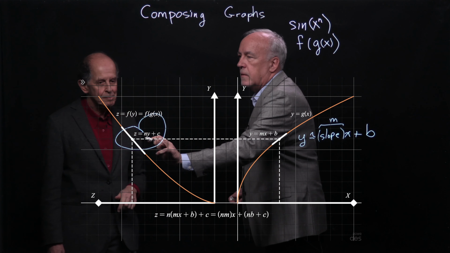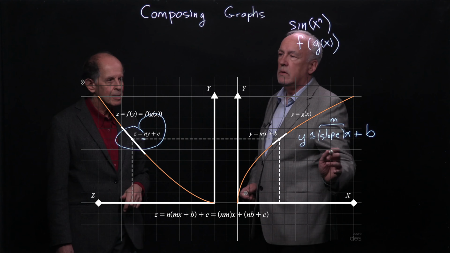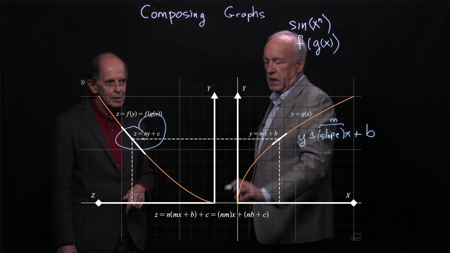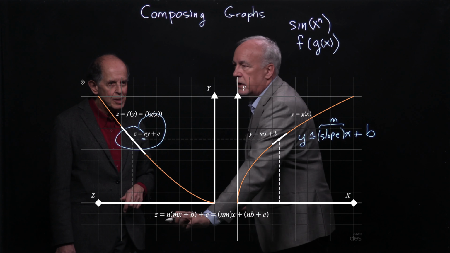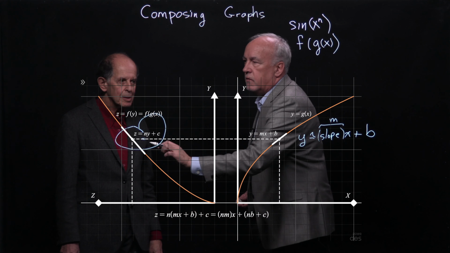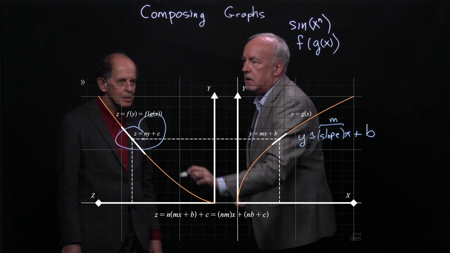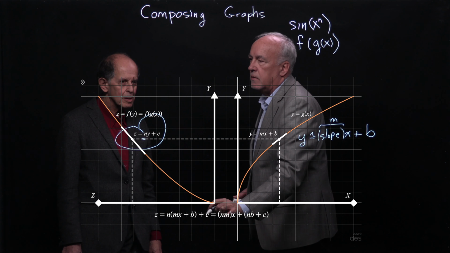Exactly. So here's the y. I'm going to take this y value, mx plus b, and plug it in. And I see you've done that at the bottom. Here's the n, that was the slope from this equation. mx plus b, that's the y. And then there's some constant c.